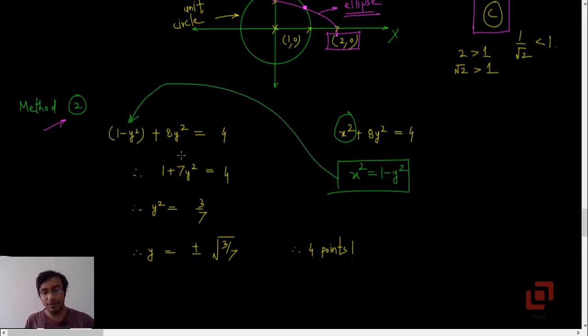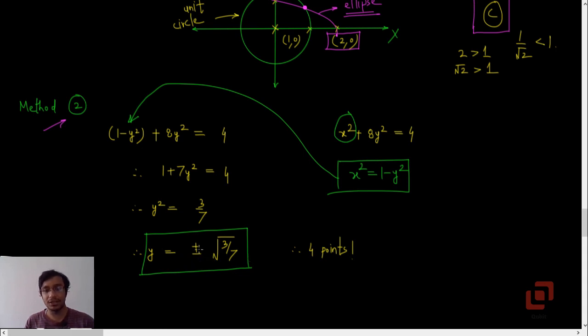And now we will solve this equation for y. If you solve it, then you will get y as plus or minus root of 3 by 7, and corresponding to each y value you will get 2 x values. Okay, so in method 2 you not only get the number of points, but you also get their coordinates.